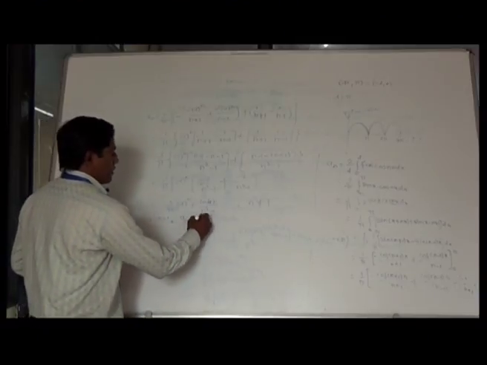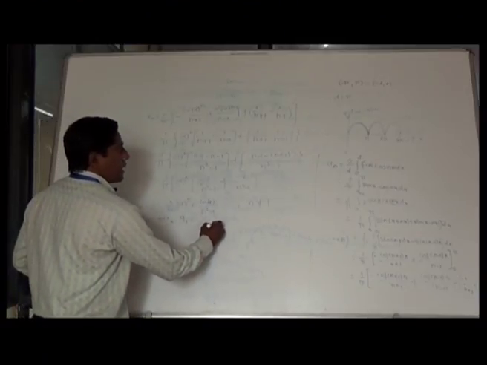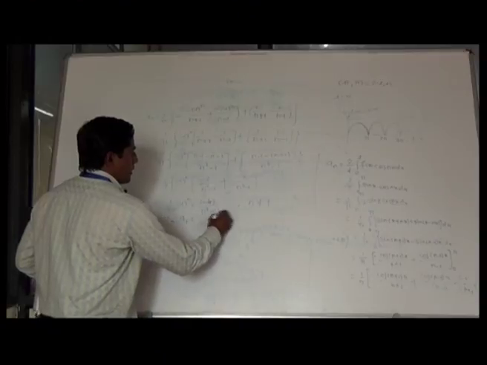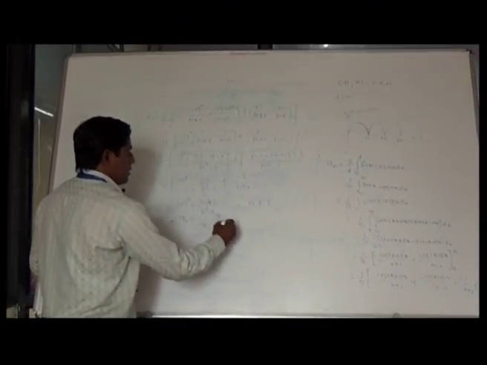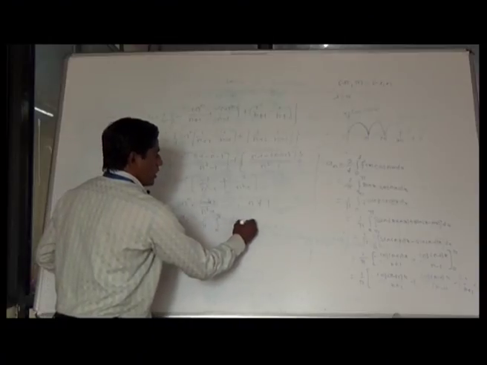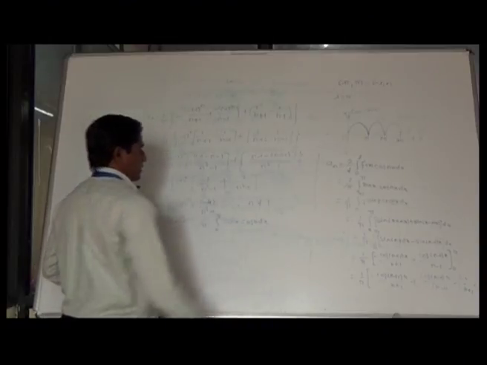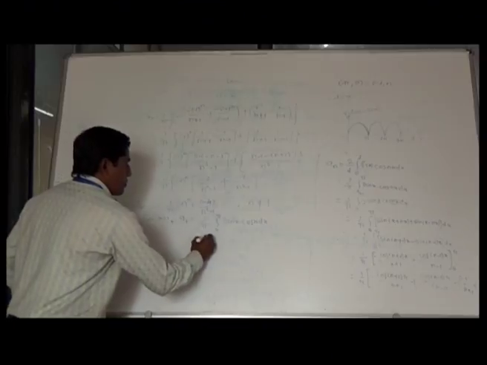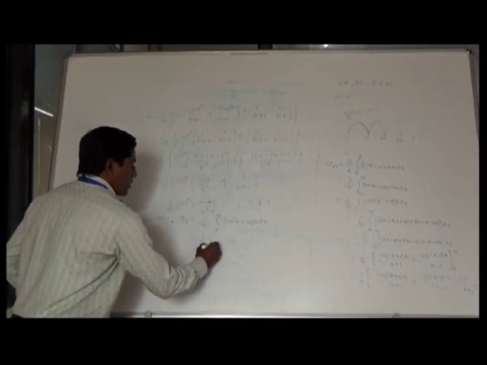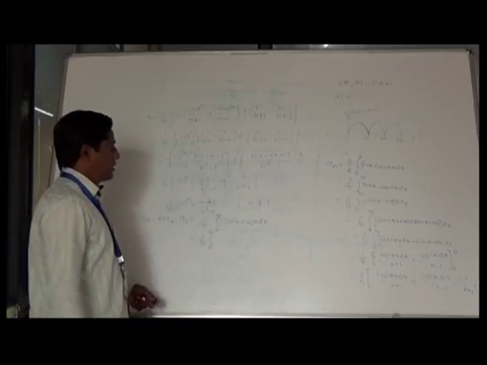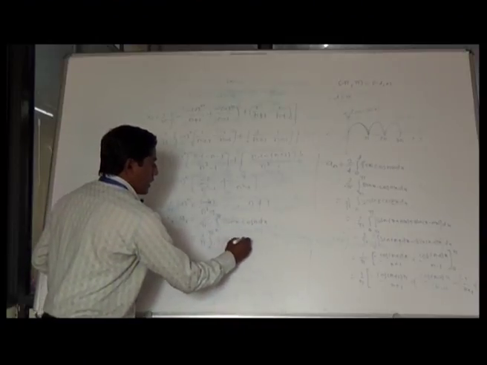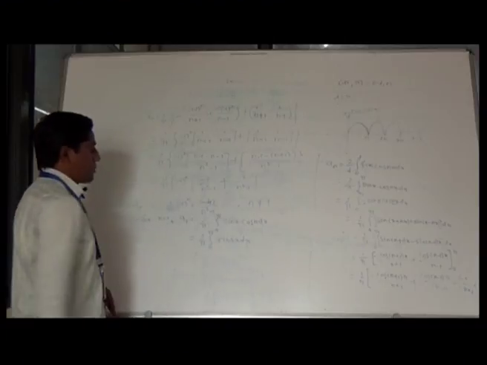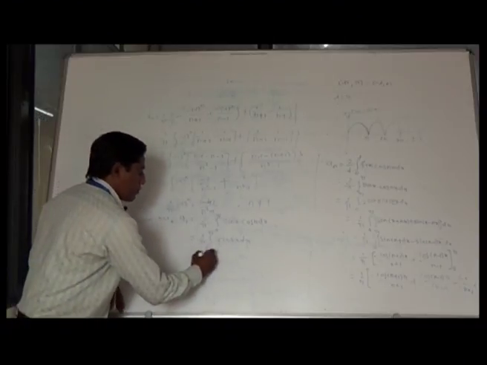So a1 is 2 upon pi integral 0 to pi sin x into cos x into dx. It is the same as 1 upon pi integral 0 to pi, 2 times sin x into cos x is sin 2x dx.